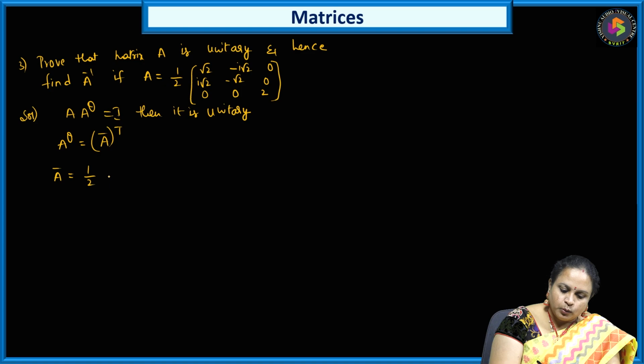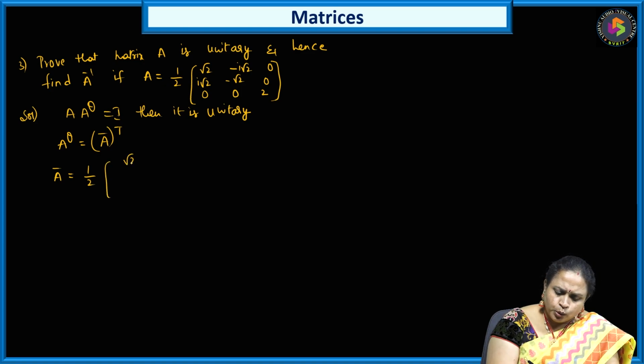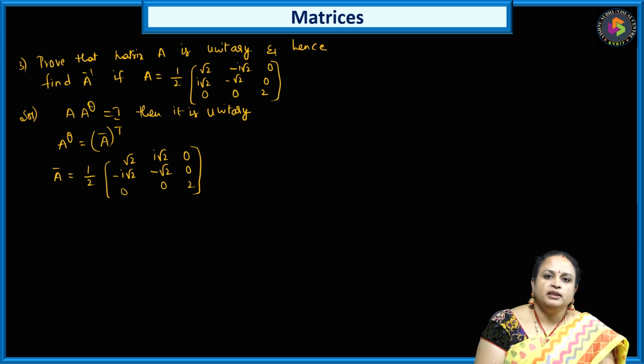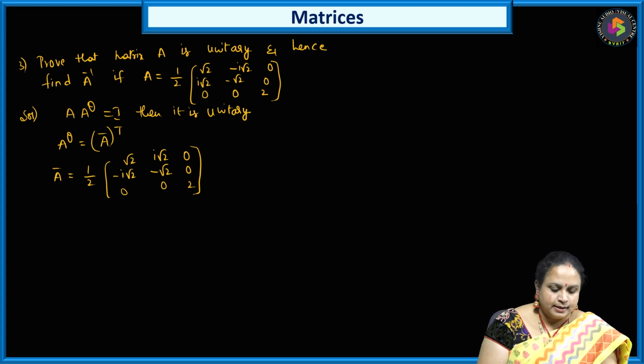A bar will be 1 by 2 into root 2, I root 2, 0; minus I root 2, minus root 2, 0; 0, 0, 2. We change the sign only for the complex numbers. Other numbers we write as it is.